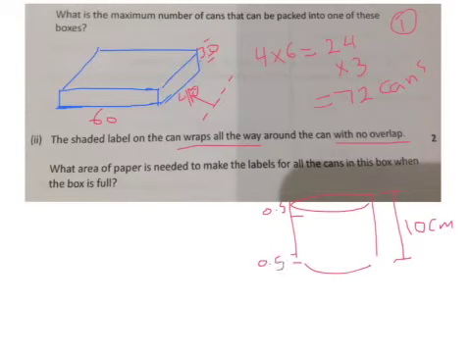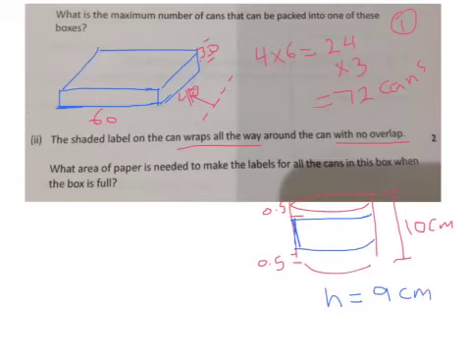So the label only covers from there to there all around the can. It's missing 1 centimeter. Therefore, the height that we should use for the wrap is 9 centimeters, and some students missed that point.